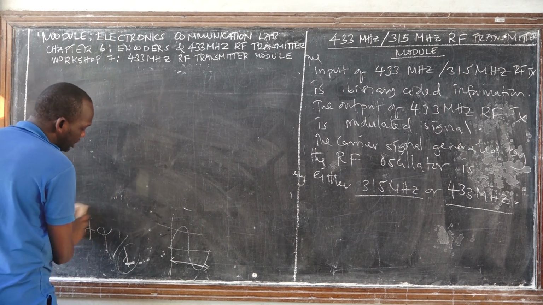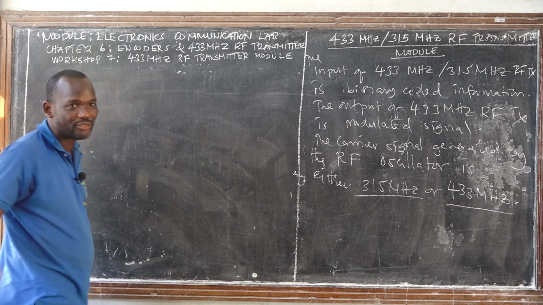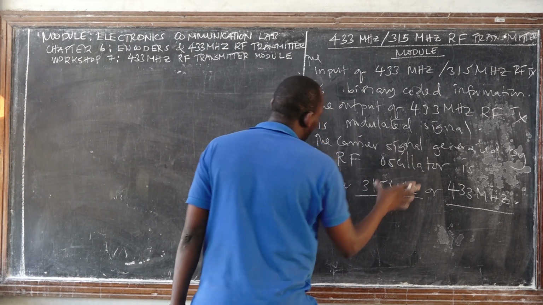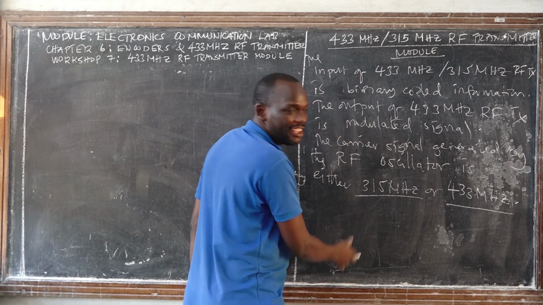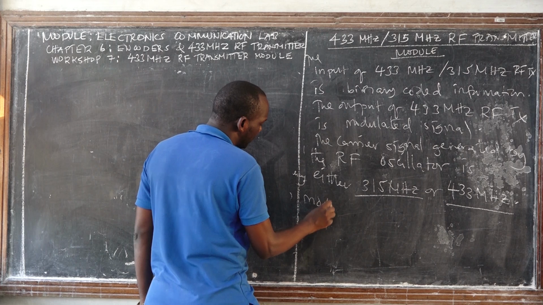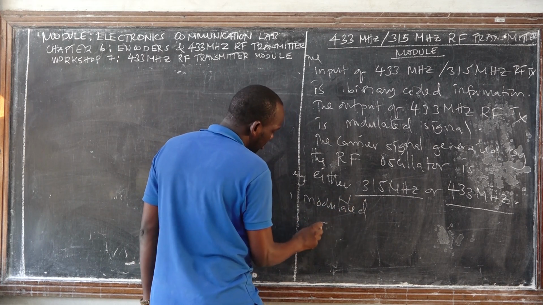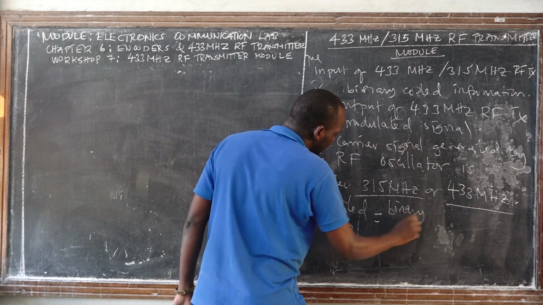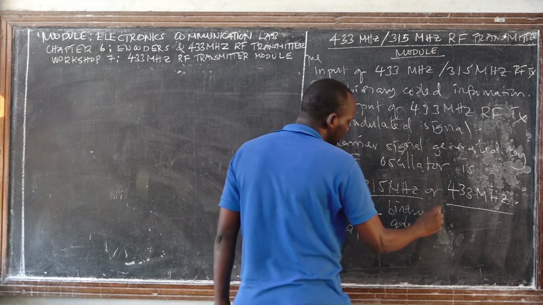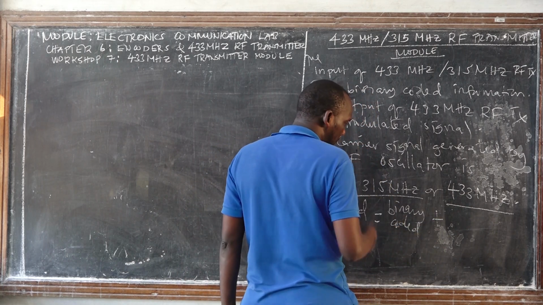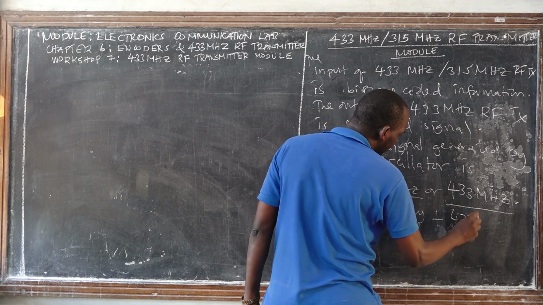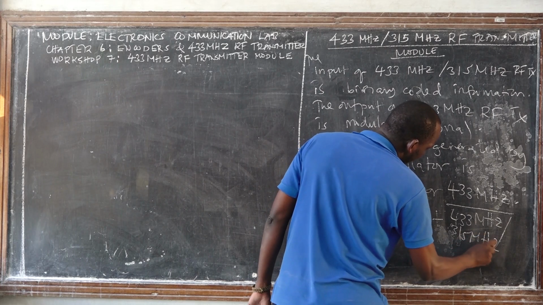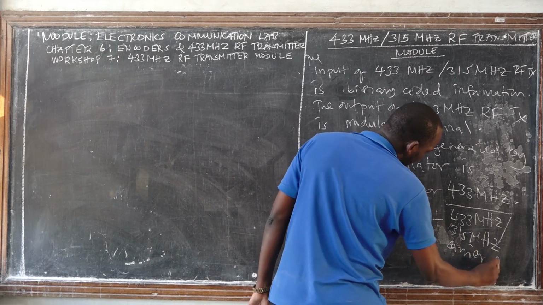What is the frequency of the digital signal of this coded information? What will be the frequency? This is the frequency of the carrier signal, right? But to get the modulated signal, we have to take your binary coded data plus the 433 megahertz or 315 megahertz carrier signal.